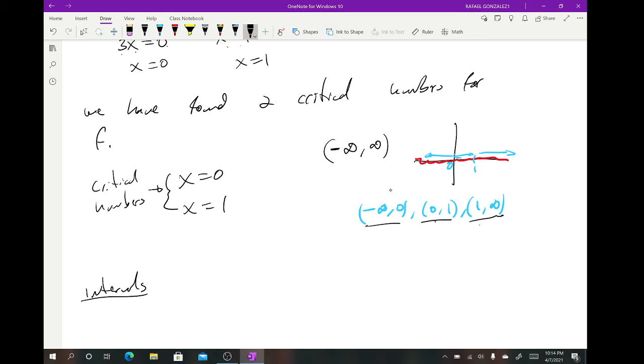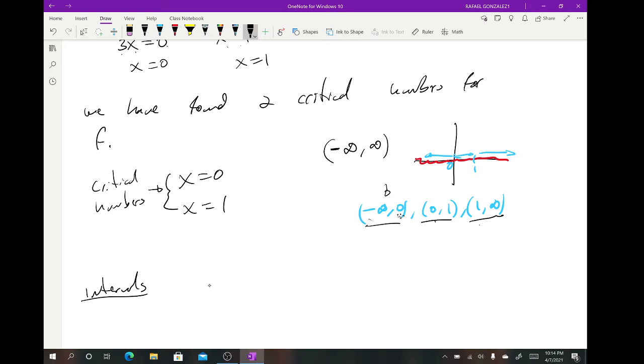Saying that you're working on the interval minus infinity to 0 means that x is trapped between minus infinity and 0. You're picking numbers that are between minus infinity and up to 0, but not including 0.